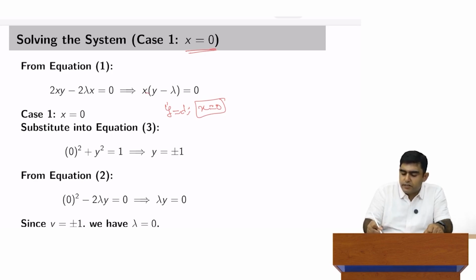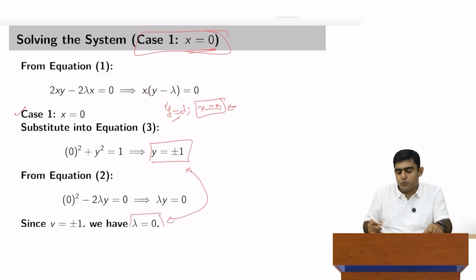That gives us that we can have x equal to 0 or y equal to lambda, and that is what our case 1 corresponds to. So, when x equal to 0, we end up with equation number 3 giving us that y could be either plus or minus 1, and lambda in that case would be equal to 0.